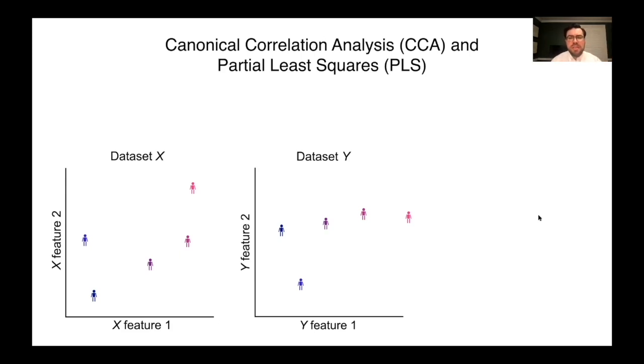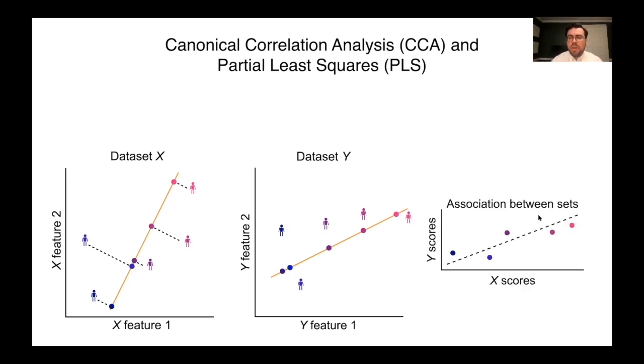And the goal of methods like CCA and PLS is to discover what are the relationships between these two that explain individual variation, right? So in this case, we would like to define weights as an axis within each feature space, such that when we project subjects along this axis to derive scores, in some sense, we are maximizing the association between these two feature spaces, right?